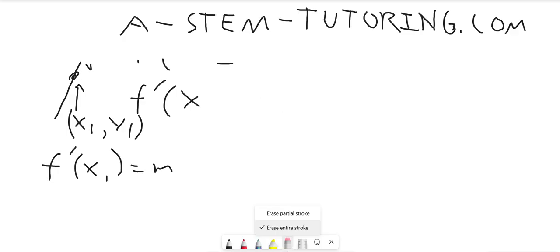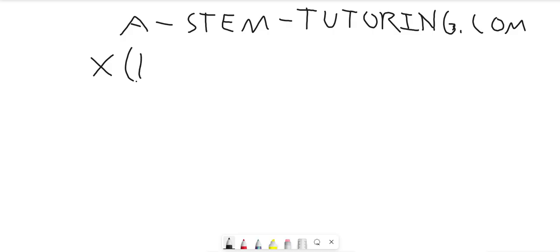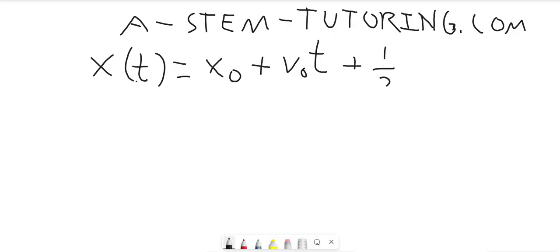Keeping that in mind, we can apply this to a linear combination of x to certain exponents. For example, recall from basic physics the position x of t at any given time equals x naught, the initial position, plus v naught t, the initial velocity times time, plus 1/2 a t squared, where a is a constant acceleration.